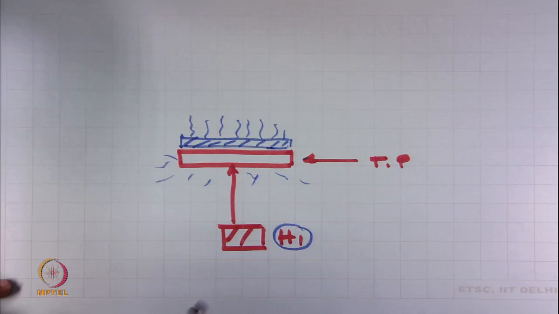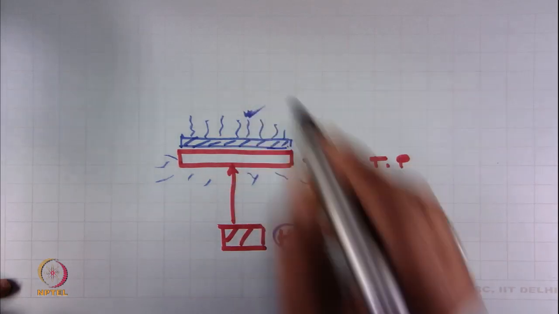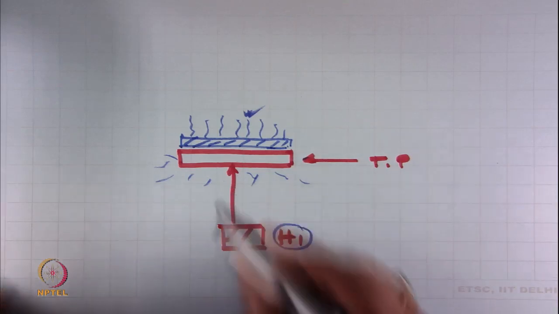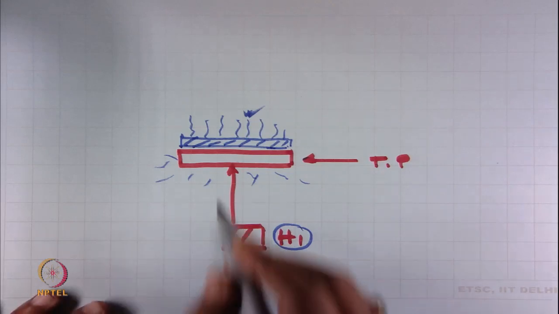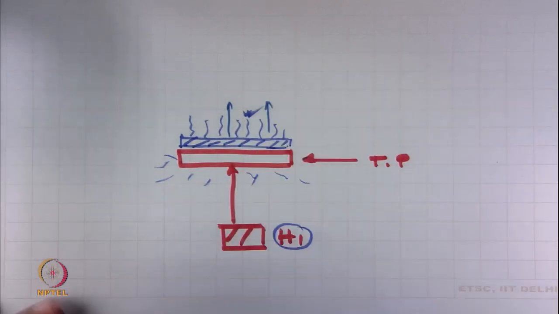So, it is very difficult to know how much heat is getting transmitted through the fabric. So, the guard plate, the guarded hot plate principle, where we would like to direct the heat to pass through a particular direction.